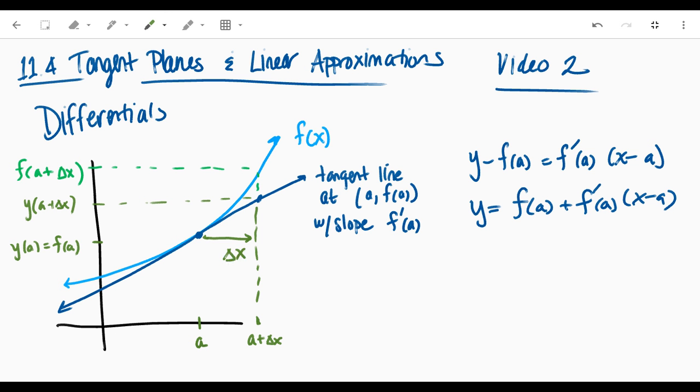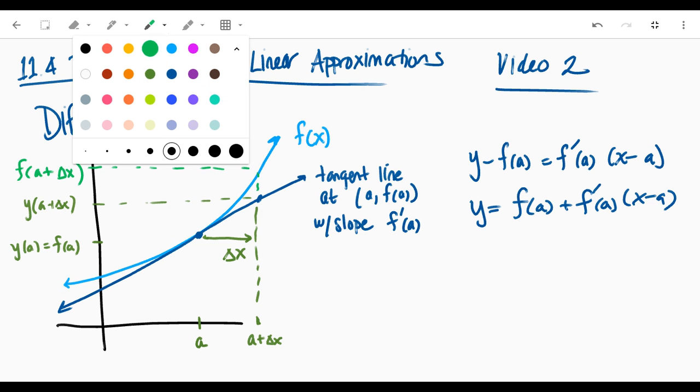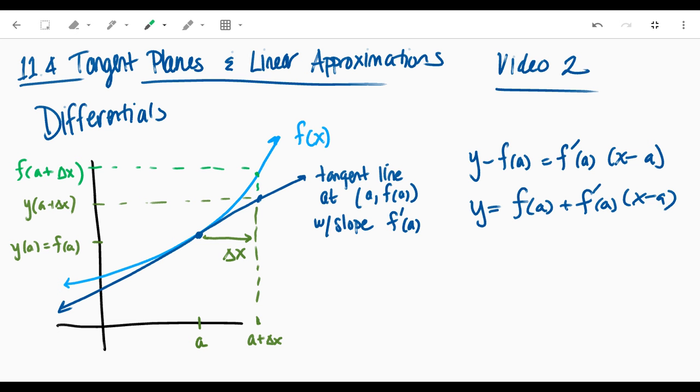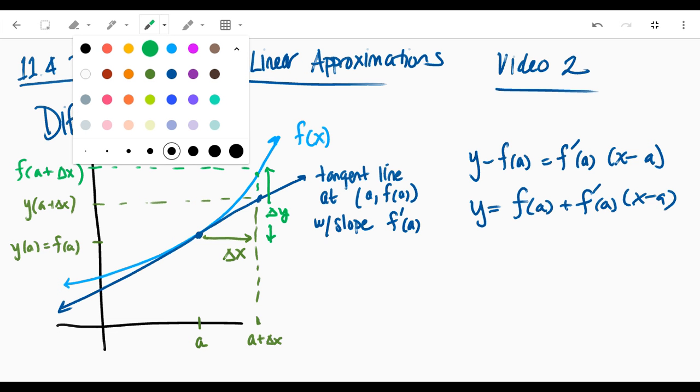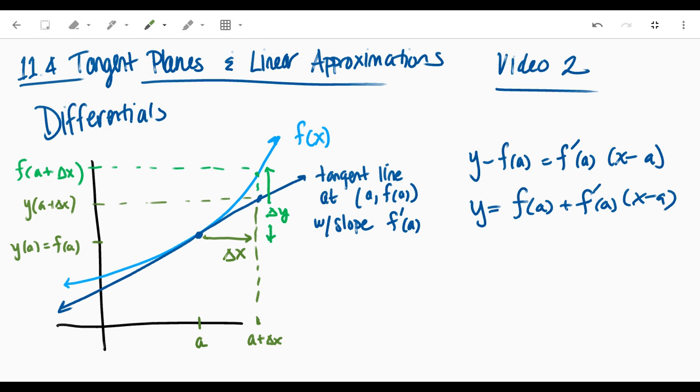And from the curve, this distance is delta y. Now if we look at the line, it's the same delta x. We're going to call that dx. And then we're going to call that distance here dy.